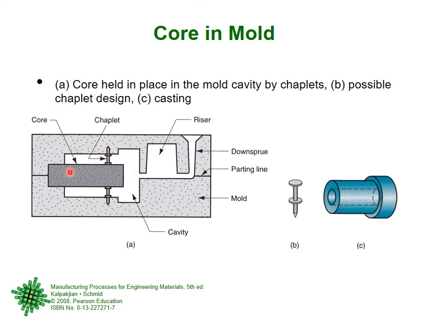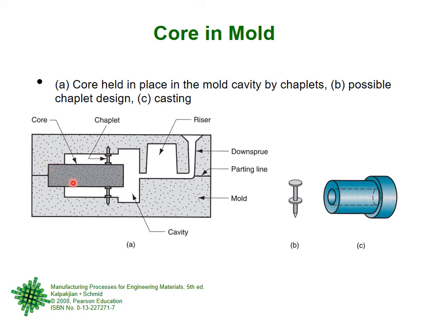Now, if this is the casting, so this is the cavity, and if it is to be hollow like this, you see, there is this round portion, and then there is a step, and then there is this another cylindrical portion, and there is a hole in between, right? So this part will be this portion of the casting.